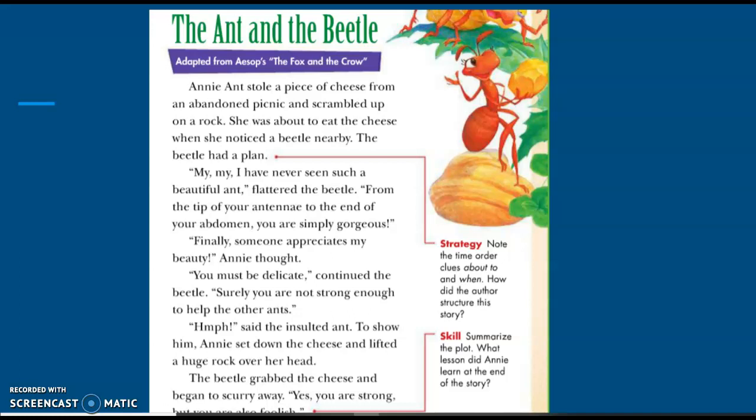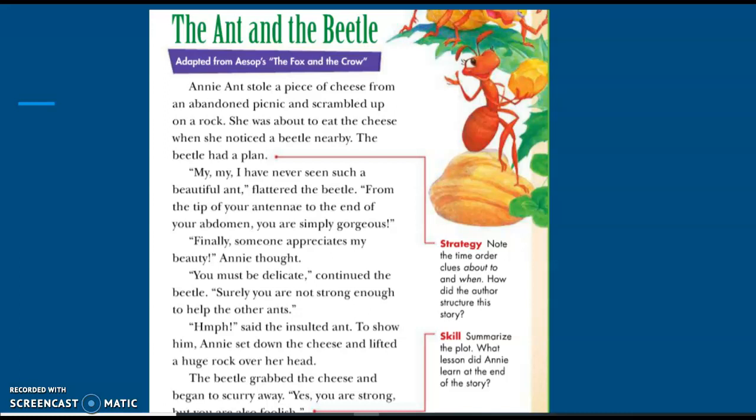Okay, so let's think about what happened at the beginning of the story, the middle of the story, and the end of the story. I know at the beginning of the story, Annie Ant steals a piece of cheese and then meets a beetle who has a plan.